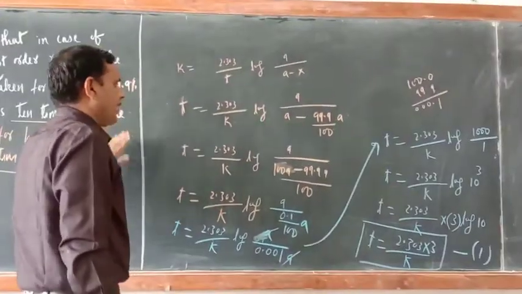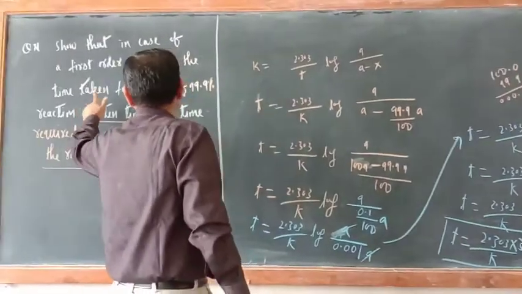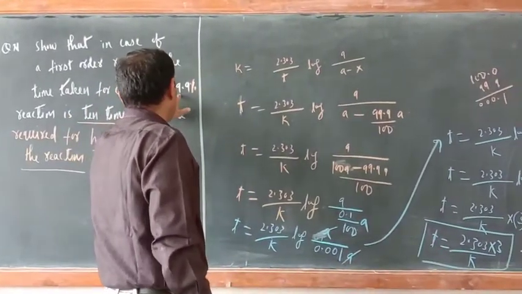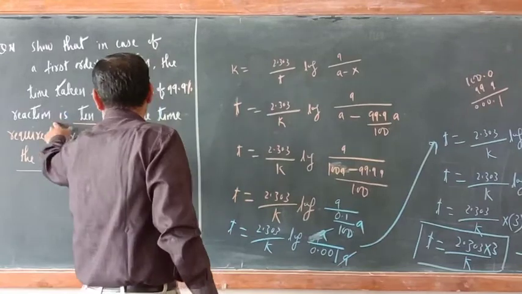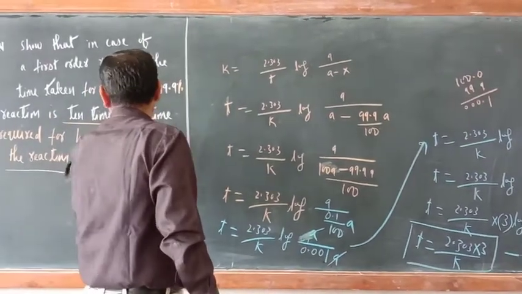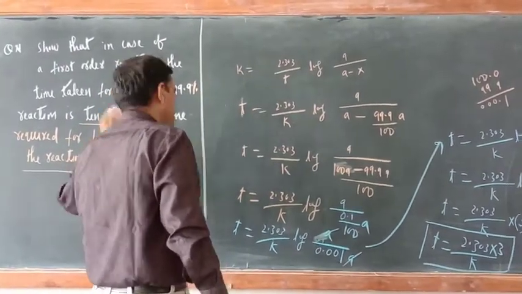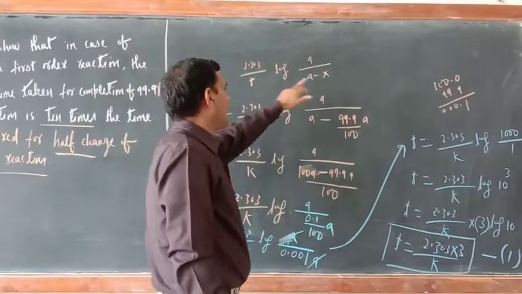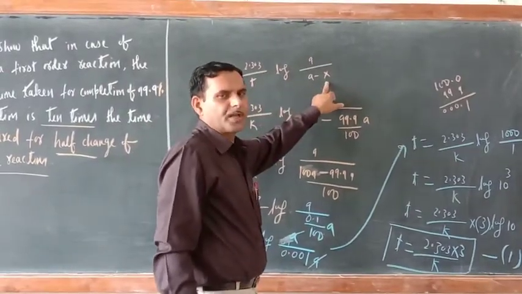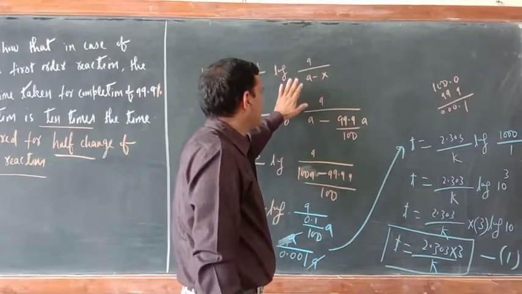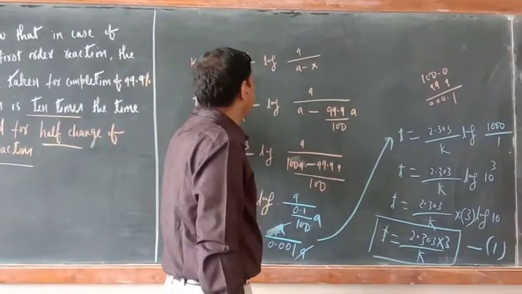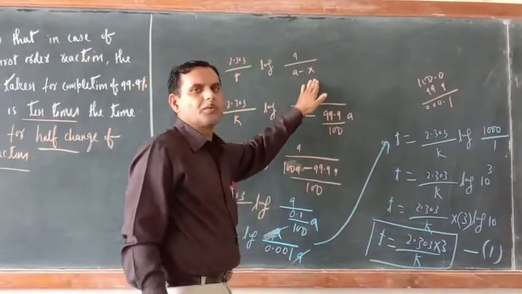Now next, they are telling that the time taken for completion of 99.9% of the reaction is 10 times the time required for half change of the reaction. This time x equal to 0.5. The same equation will be there, only x equal to 0.5.